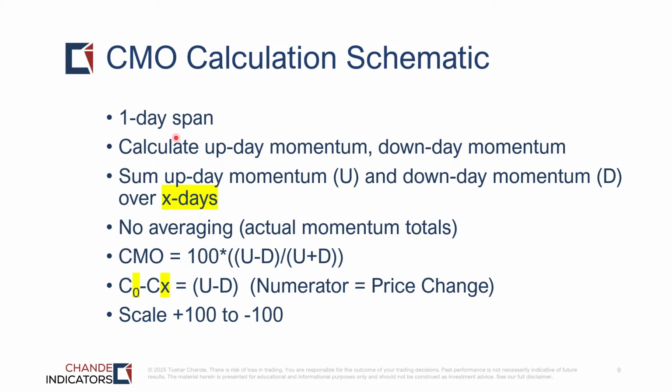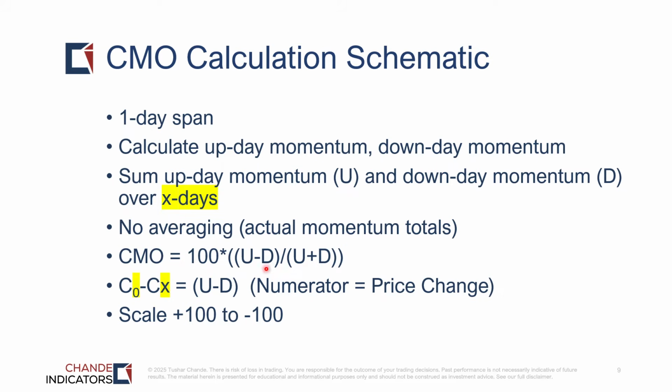Now here's an overview of the CMO calculation schematic. We use a one-day span and just do the daily price difference. So we get the up-day momentum or down-day momentum. Then it gets separated. So we have two columns of positive numbers. And then we sum up the up-day momentum and the down-day momentum over X days. There's no averaging. So the CMO calculation is directly U minus D divided by U plus D. And this is interesting because U minus D simply amounts to the difference in prices between the start of the period and the end of the period.